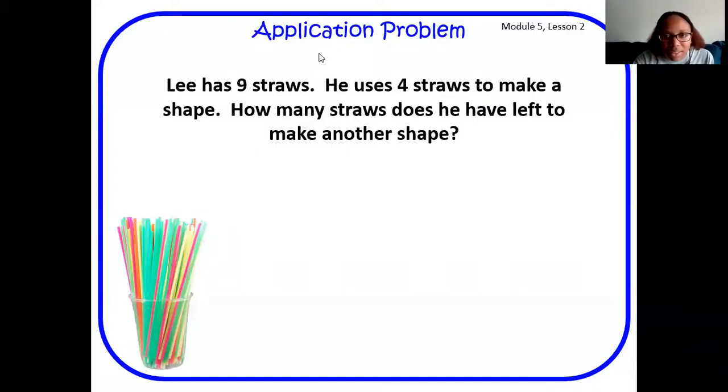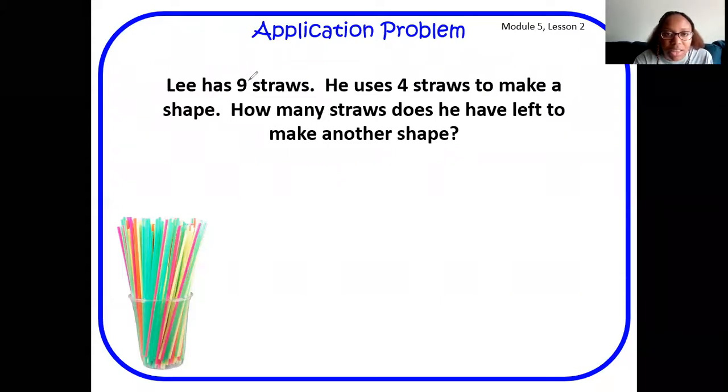And so I know my key numbers in our word problem. We have 9. Let me try my best to circle on here. And we also have 4. So we have our key numbers circled, which are 9 and 4.